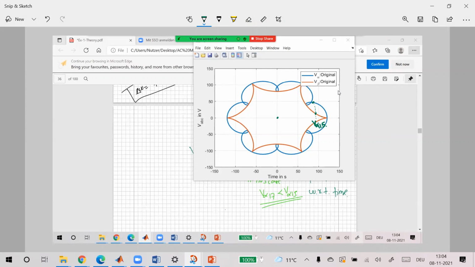The magnitudes of both should be the same. It means this vector and this vector, this is V17 and this is V15. These two magnitudes are the same, because here the V5 magnitude and V7 magnitude are the same, right? We chose the same magnitude for the harmonics. So these two magnitudes are the same, and so for sure what will happen is your V alpha 17 is less.